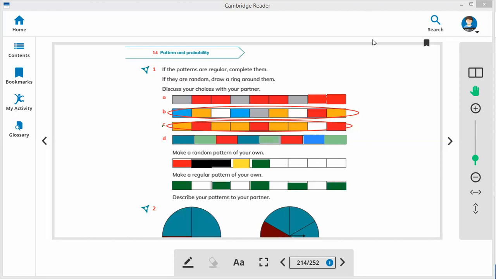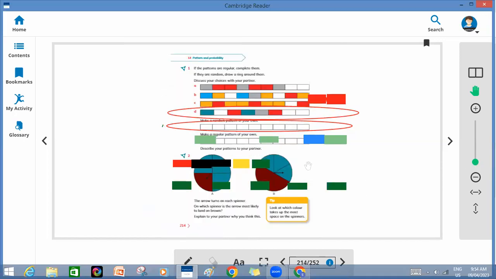It's easy. You just have to follow the pattern rules. Regular pattern means the same color of boxes is going to repeat on its turn. But random means you can choose any boxes to complete it. Okay, that was question number 1.